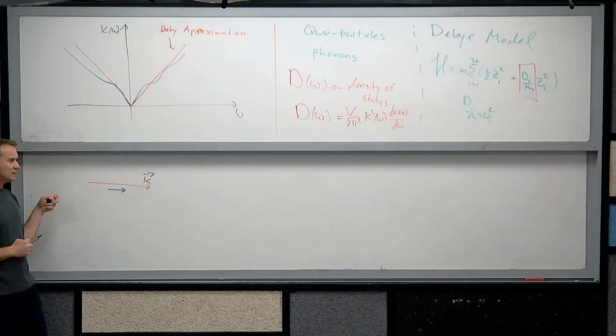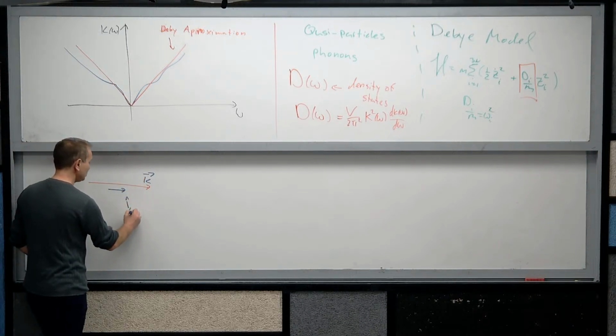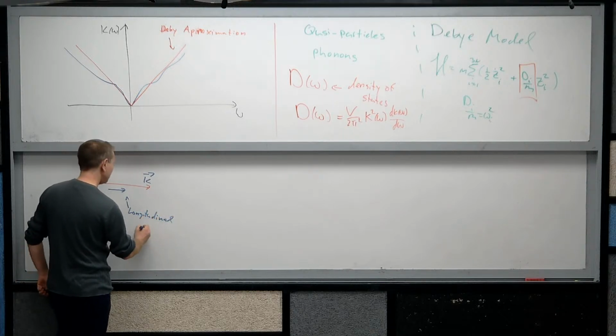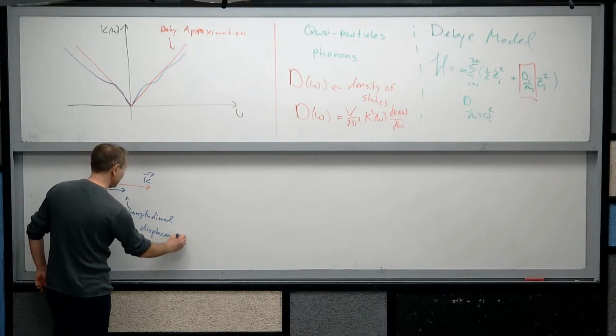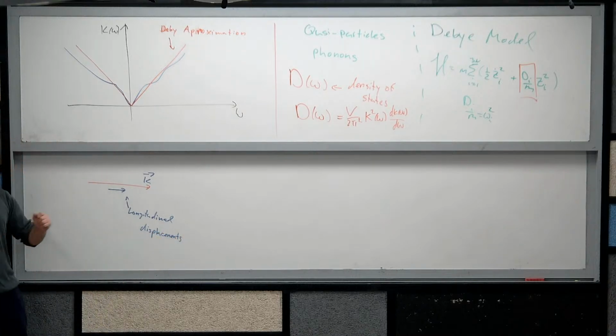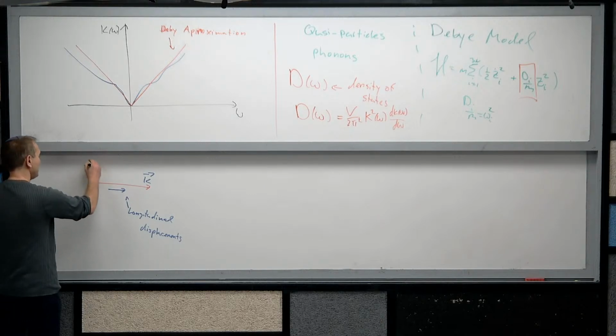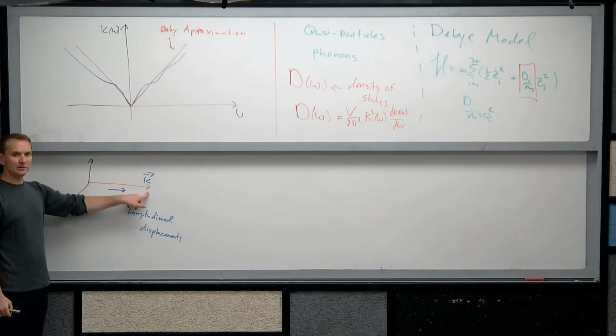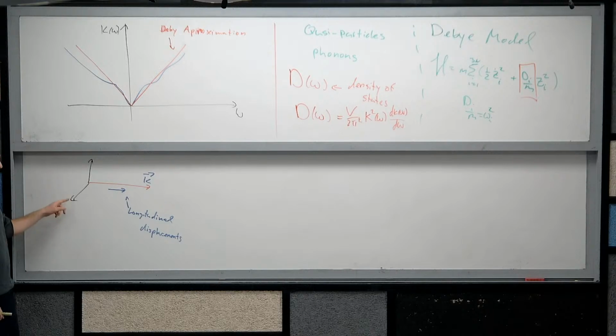If the displacements are in the direction of k, they describe longitudinal displacements, so oscillations of waves that are longitudinal. But we can also have displacements of standing waves that are perpendicular to the propagation, or to the direction of the wave vector.